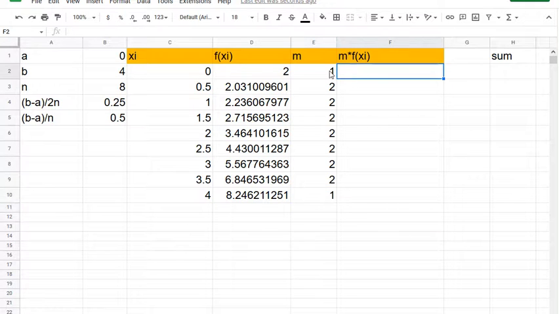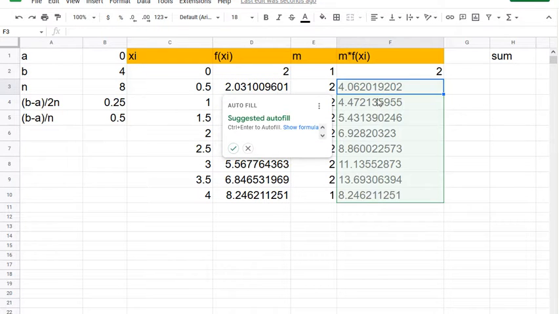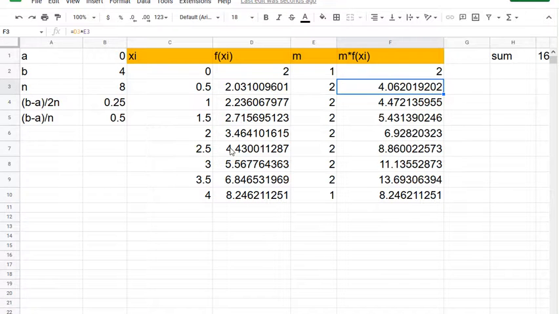And then next, we want f of x sub i multiplied by m, or m times f of x sub i, same thing. And then it will do the calculations automatically for these cells right here. So we click accept.